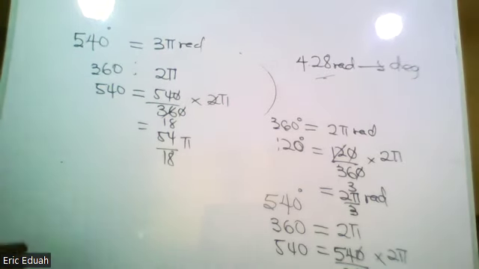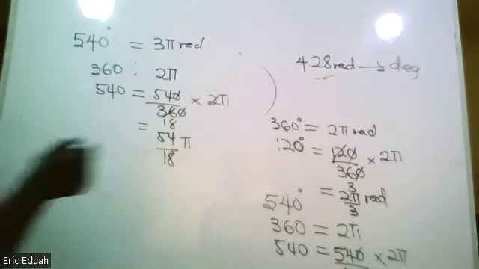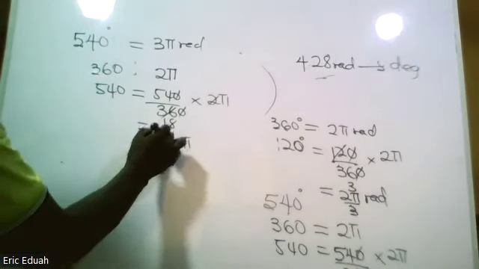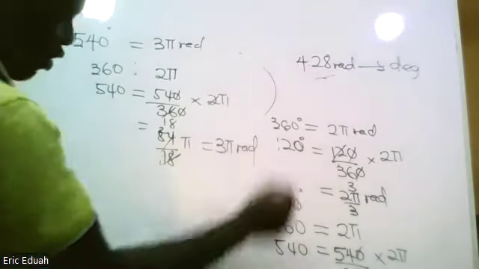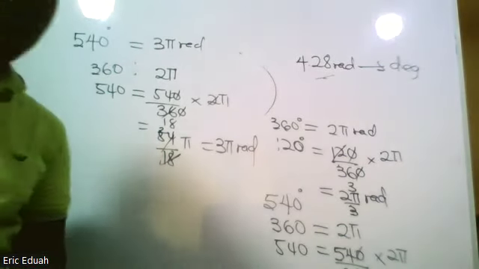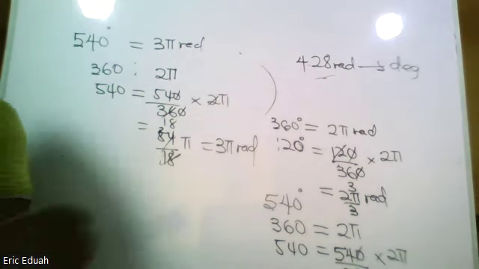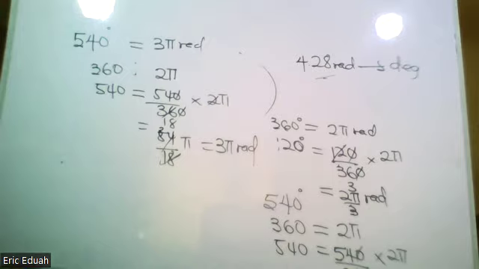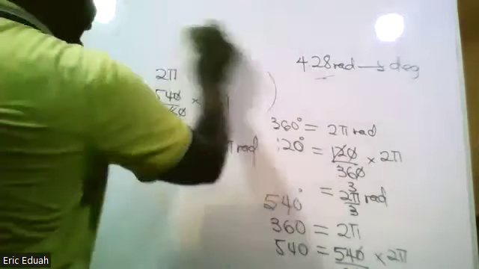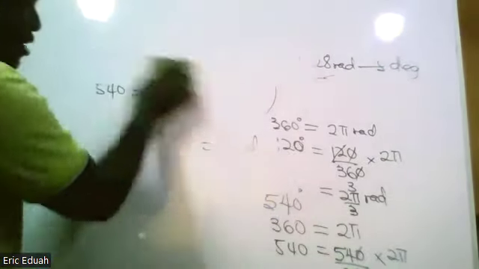Do that for me. 54 divided by 18 is 3. Okay, good. So this is 3 pi radian. So that's it. How to convert from radian to degree, degree to radian, and then to revolution. So simple. Let's continue our journey on circular motion.